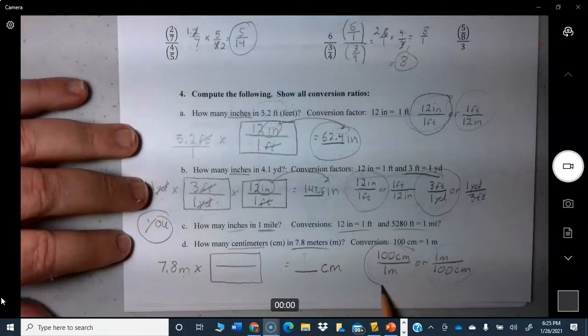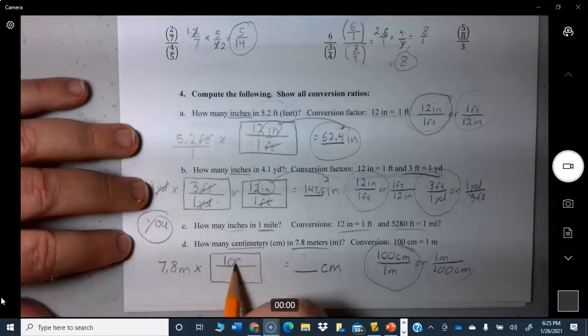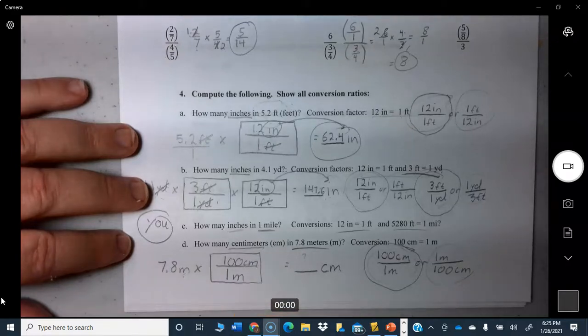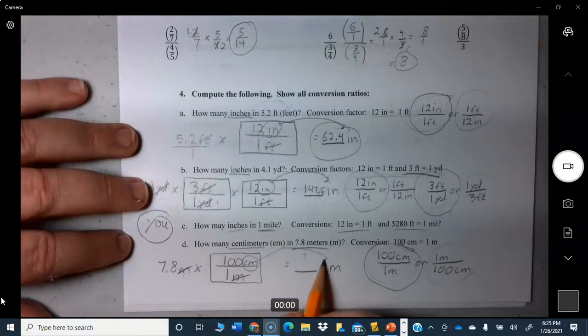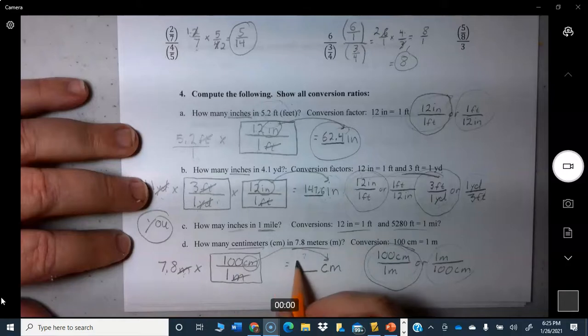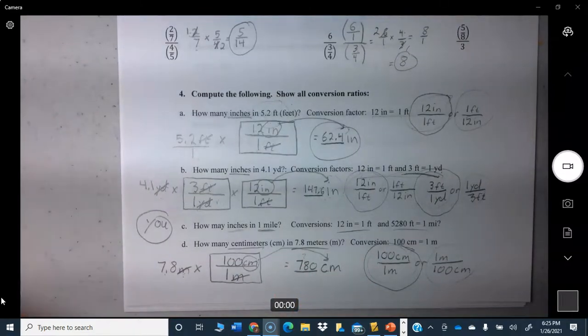So the one that does that is this one. So 100 centimeters over 1 meter. Meters cancels with meters, and the last man standing is centimeters right there. That becomes the unit for your final answer. And so 7.8 times 100 is 780. And that's your answer for that.